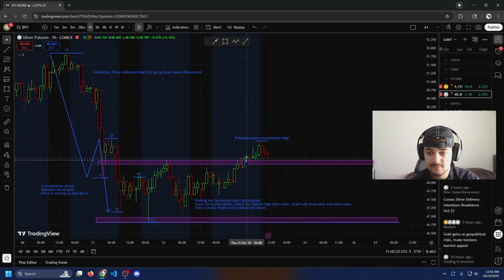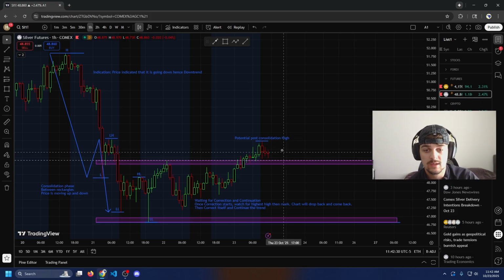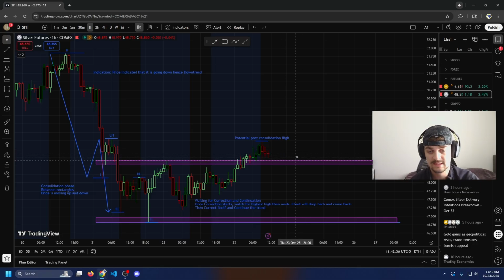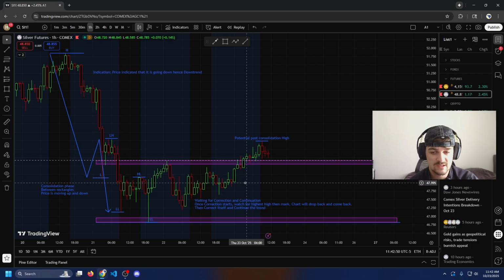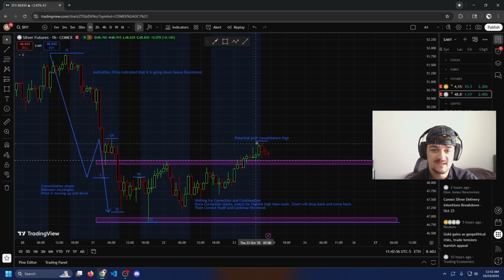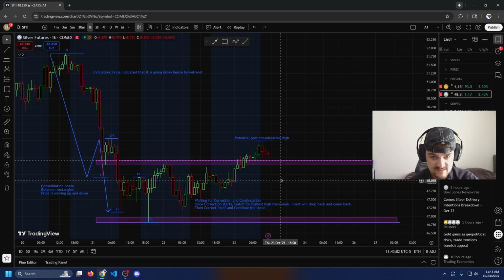It hit resistance right here, and that's why I say potential post consolidation high. In his course, SCI Trades talks about how once it reaches past the consolidation phase and starts that trend, it's going to come back down into the box, and then it's going to shoot up.